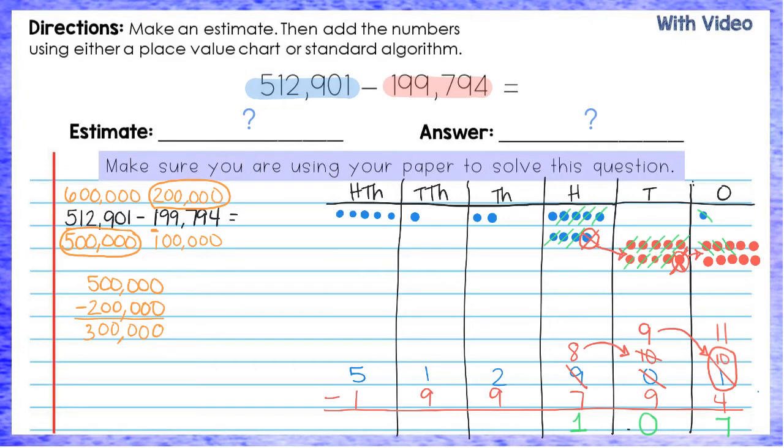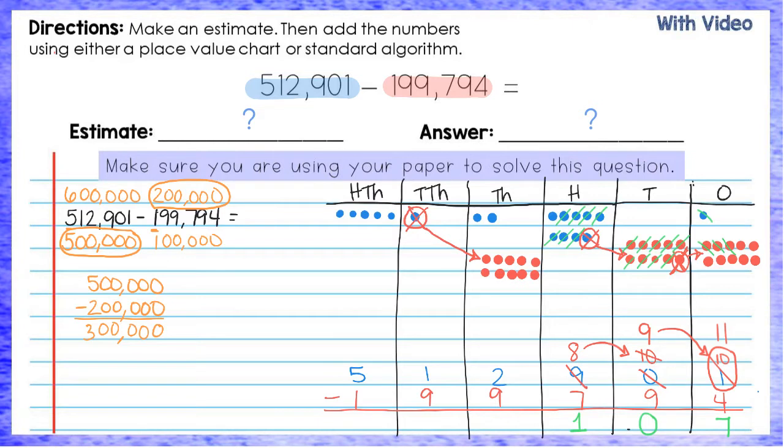No, we can't. So I have to come over to the 10,000s and regroup it so that I have enough to take away 9 thousands. Count with me. 1,000, 2,000, 3,000, 4,000, 5,000, 6,000, 7,000, 8,000, 9,000, 10,000. That is how I took the 10,000 and regrouped it into thousands.